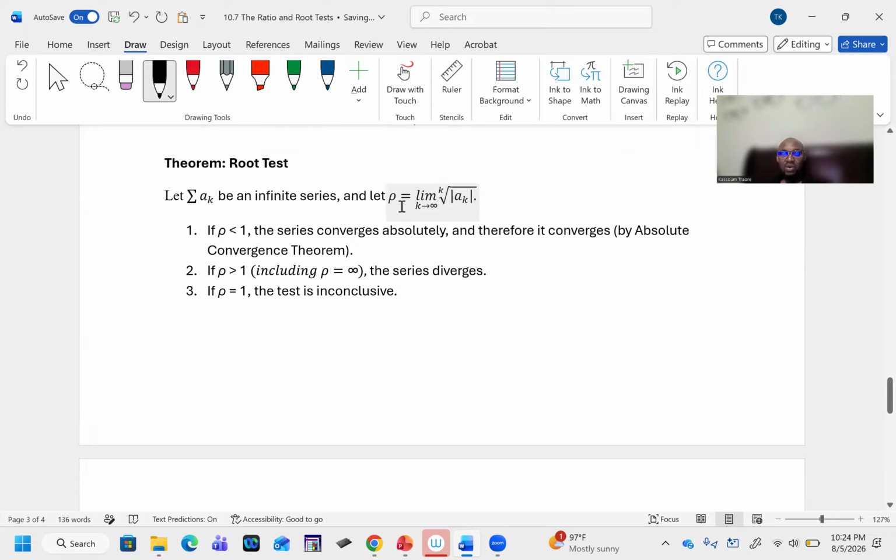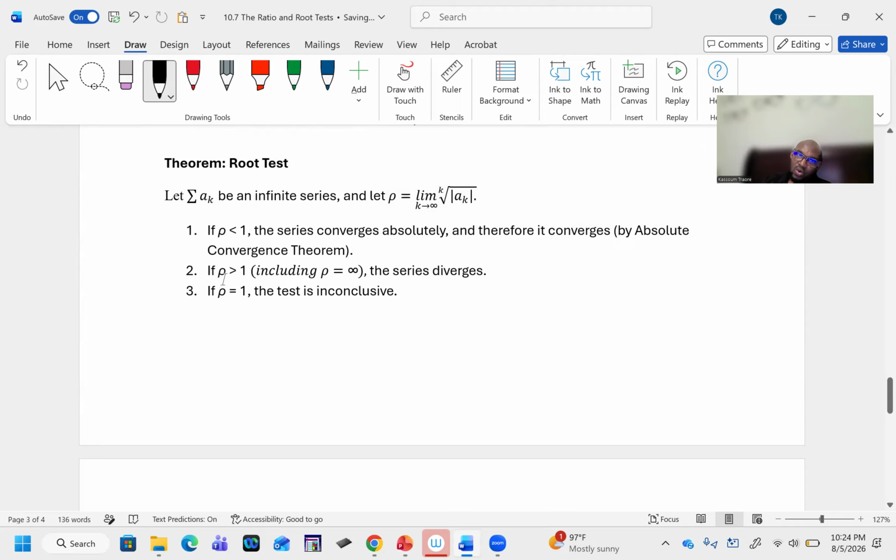Rho is equal to the limit of the k-th root of the absolute value of a sub k. One, if rho is less than one, the series converges absolutely, and therefore it converges by the absolute convergence theorem.